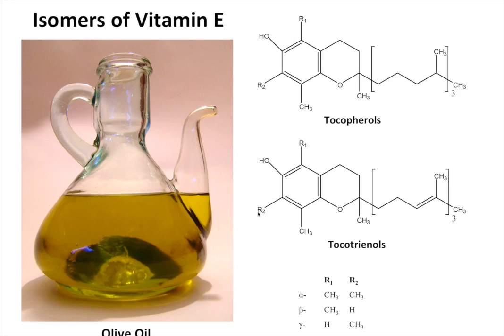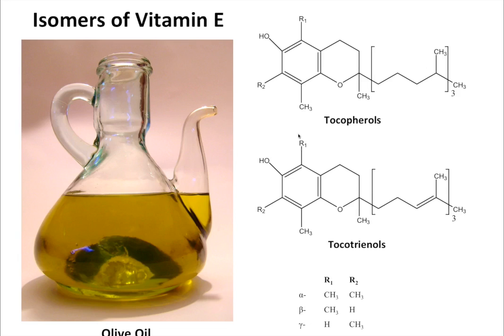So what's interesting is that alpha tocopherol is the most efficacious of all of these isomers of vitamin E, and alpha tocotrienol is also pretty efficacious as well. But the key is understanding why the alpha form is the most efficacious relative to beta, gamma, and delta.